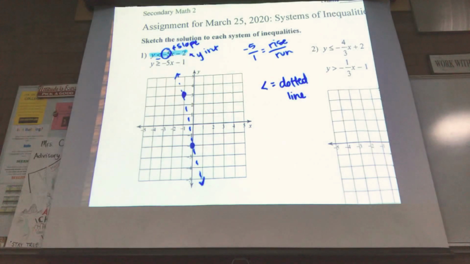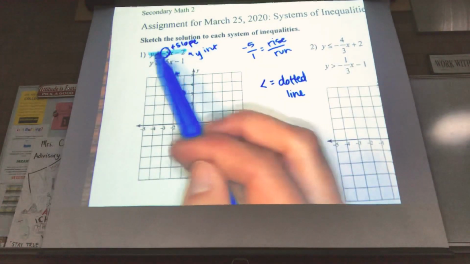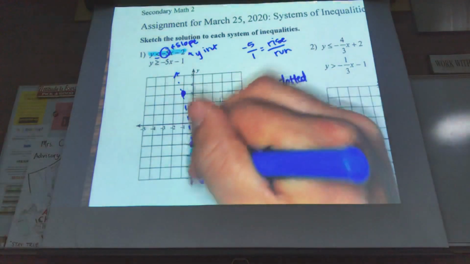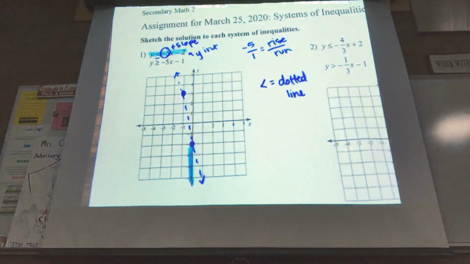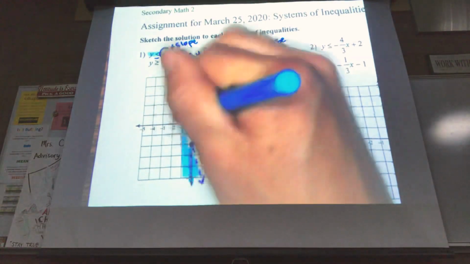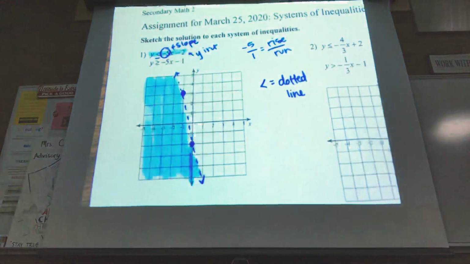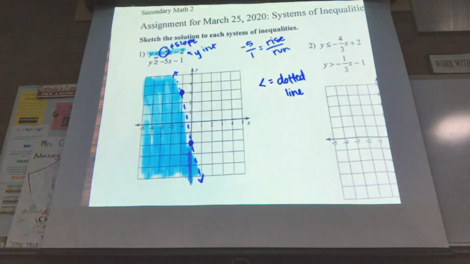We are saying that y is less than. My y's are less than, that means they're getting smaller or going down. You see that line right there? I know everything on this side of that line is going to be shaded. Perfect. Now we are done with that inequality.